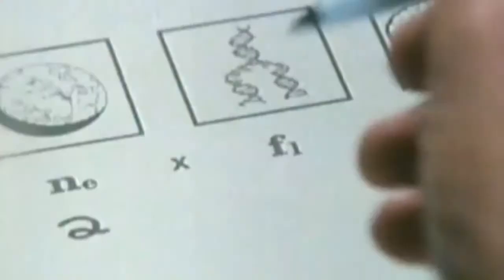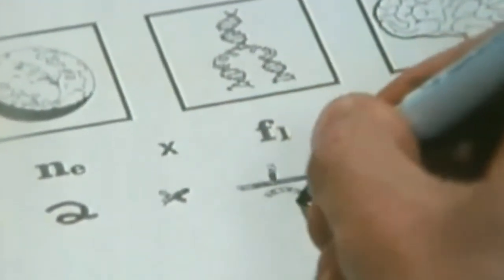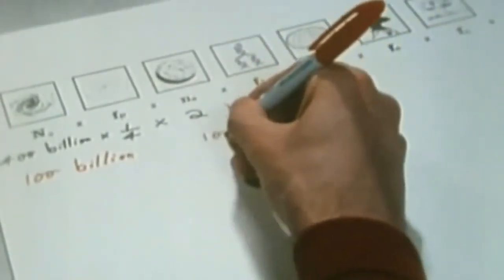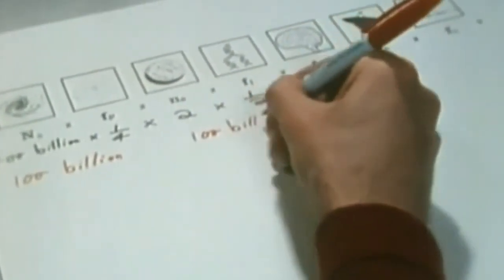So let's choose F sub L, the fraction of suitable worlds in which life does arise, as a half. In that case, the total number of planets in the Milky Way in which life has arisen once is 100 billion times 2 times a half, or again, 100 billion. 100 billion inhabited worlds.